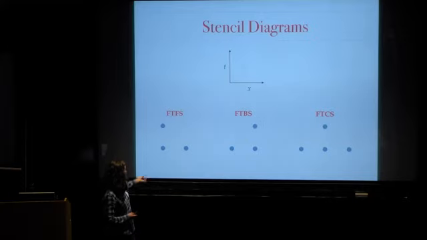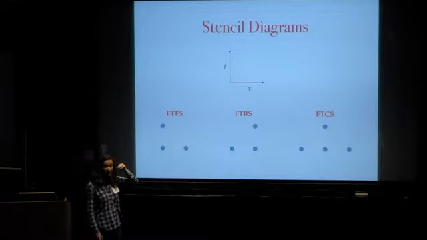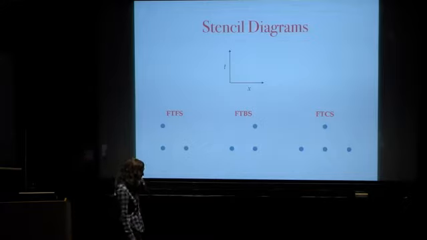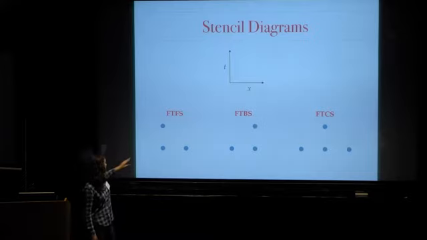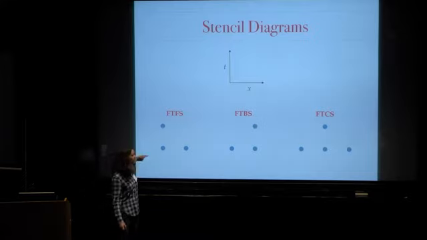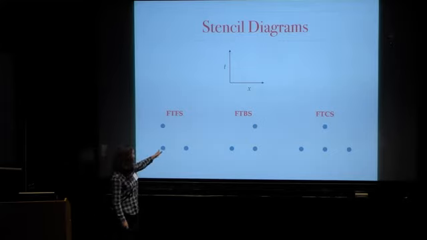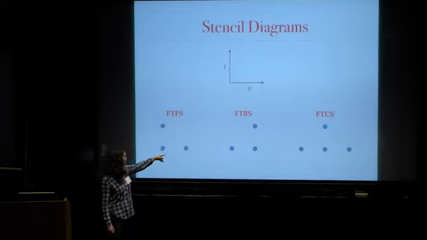And this is just for reference. We often express these methods in terms of their space-time stencil. In this case, this would be a forward time, forward space stencil, where this is always the spatial direction and this is the time direction. So here it would be saying, in order to estimate the slope, I'm going to take one element forward in space.